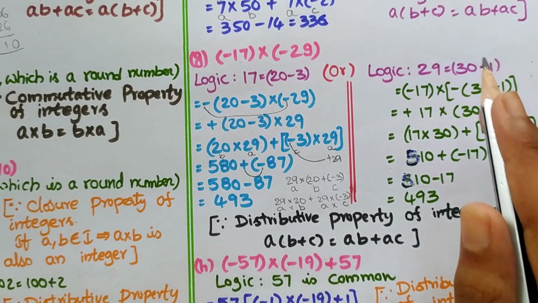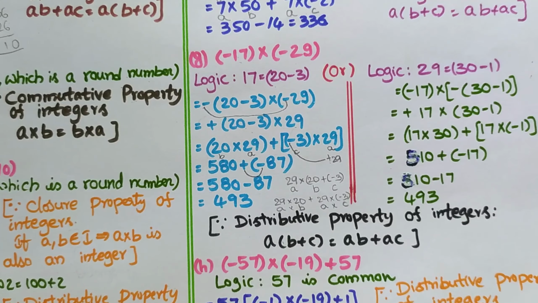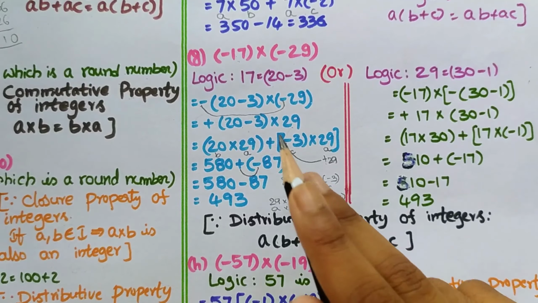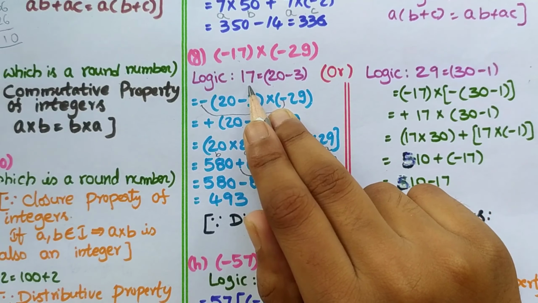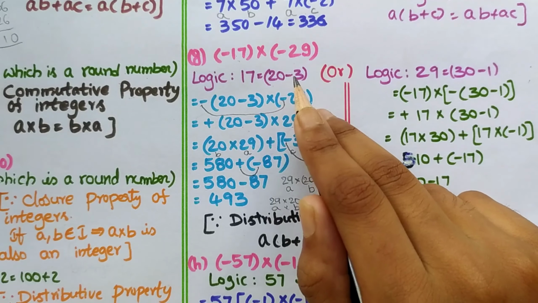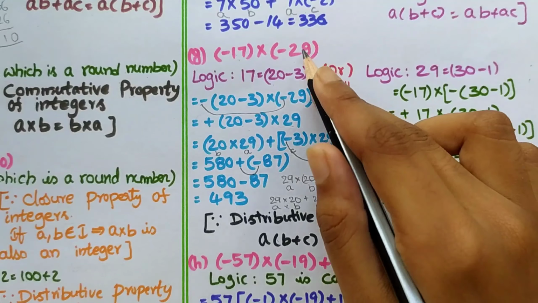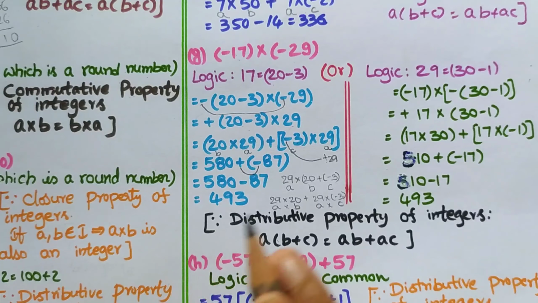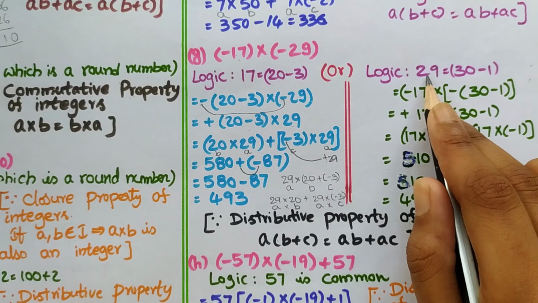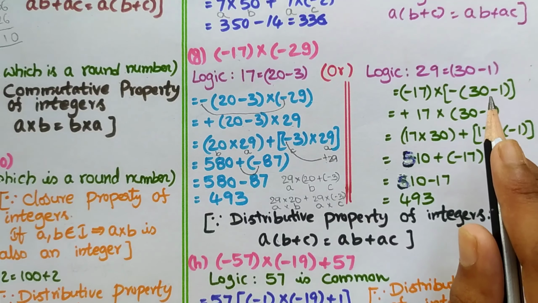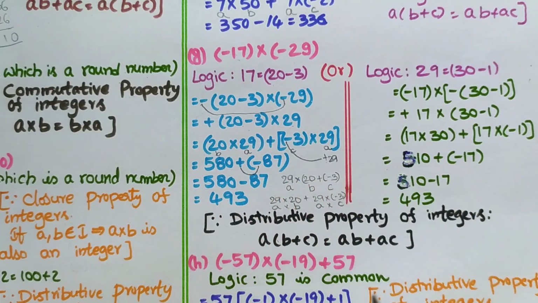Now let us take 29 as 30 minus 1. While taking 17 we got 20 minus 3 and maintained minus 29 as it is. Now while taking 29 as 30 minus 1, we maintain minus 17 as it is.